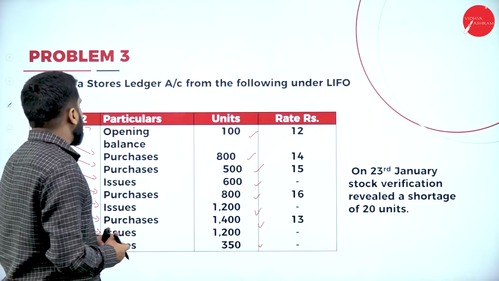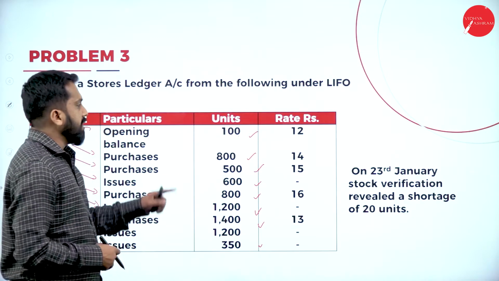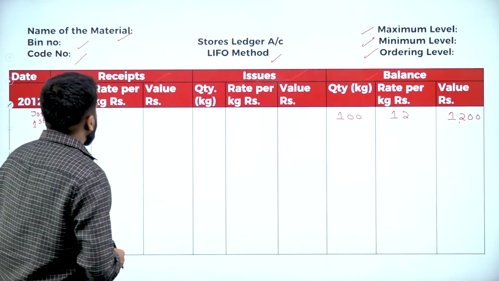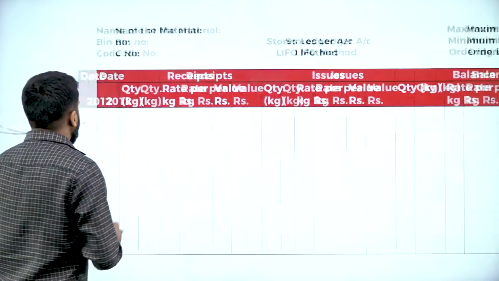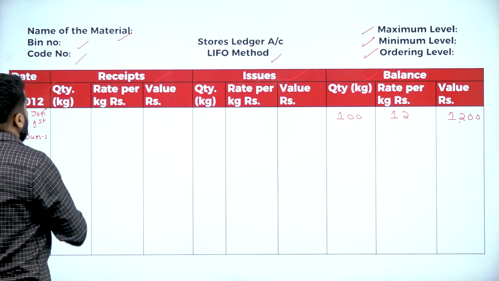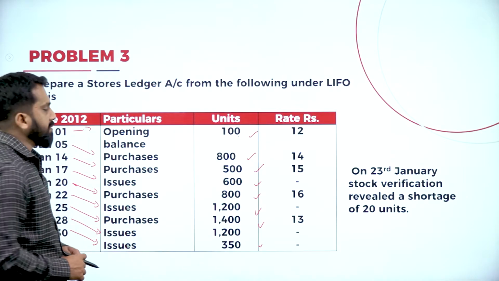Your next one, January 5th, purchase of 800 units at rupees 14 per unit. Purchases, now what is the date? The date is January 5th. Number of units, how much? 800 at rupees 14.